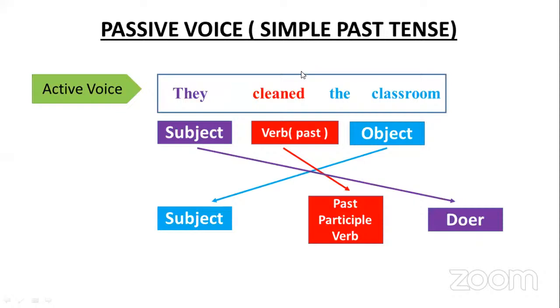Next, before, in the simple present tense, we use is, am. Here, this is the simple past tense, so we have to use was, were. If the subject is a singular noun, we have to use was, and if the subject is a plural noun, we have to use were.